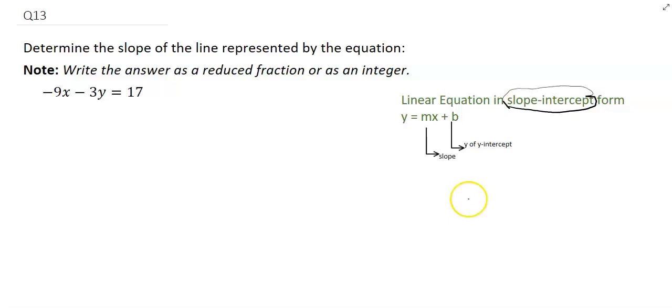And this is not the slope-intercept form, because the slope-intercept form requires the y by itself, and a coefficient multiplying the x plus a constant. So this is another format. This is the standard form.